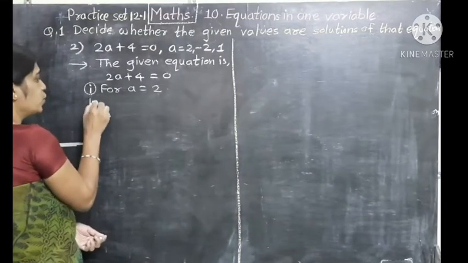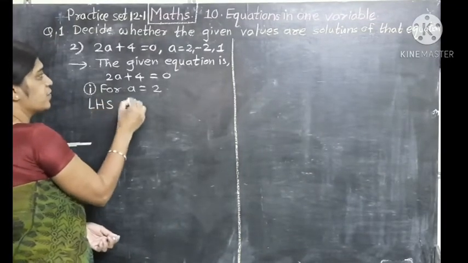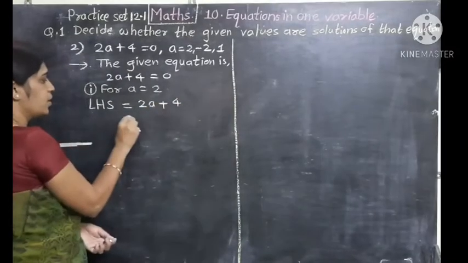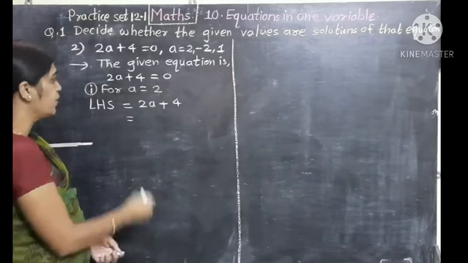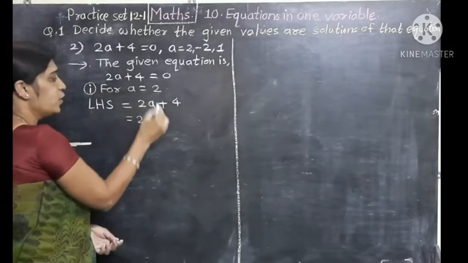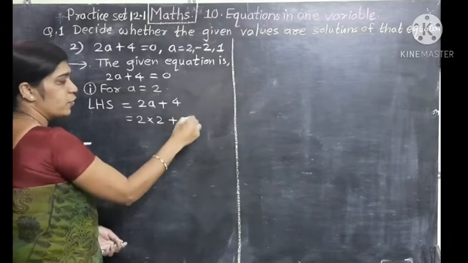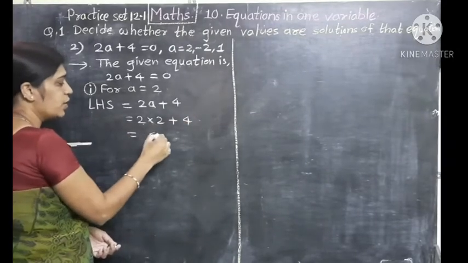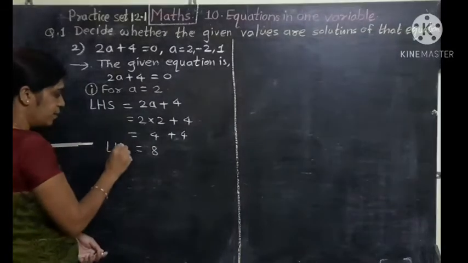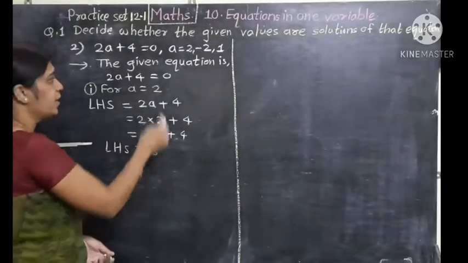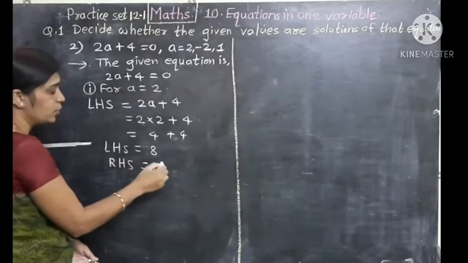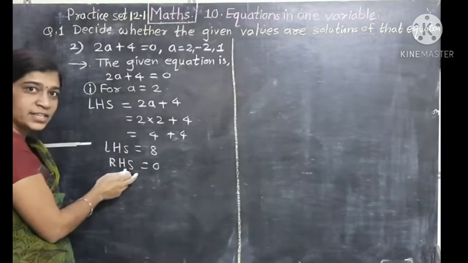For a is equal to 2, let's write the LHS first. LHS is 2a plus 4. First write LHS, left hand side. 2 into, what is the value of a? 2. Plus, write 4 as it is. 2 2s are 4, plus 4 is equal to 8. Means here LHS is 8. And what is the RHS here? RHS is equal to 0. Are LHS and RHS the same?